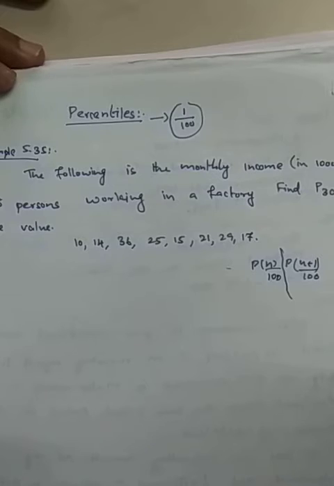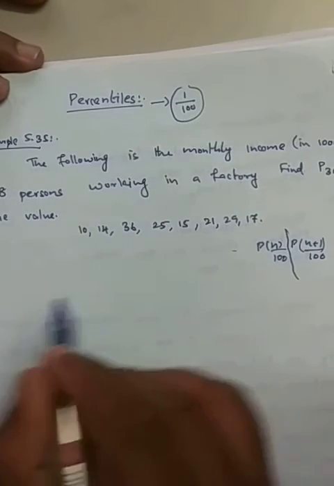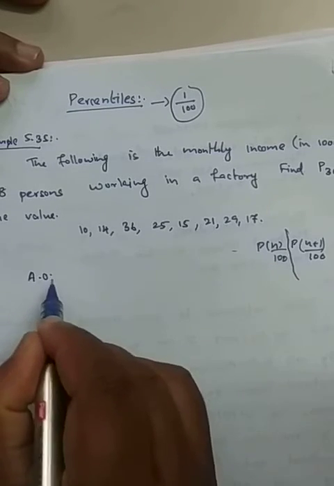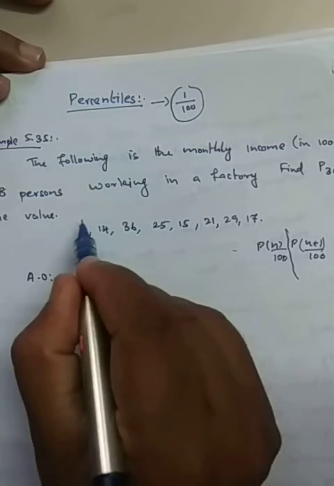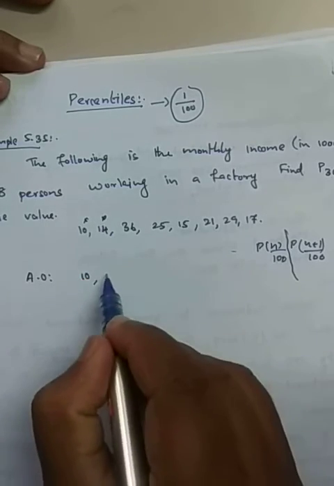What you are going to do here now is first count the data, and then arrange in ascending order. The smallest number is 10, you write. Next 14, you write.